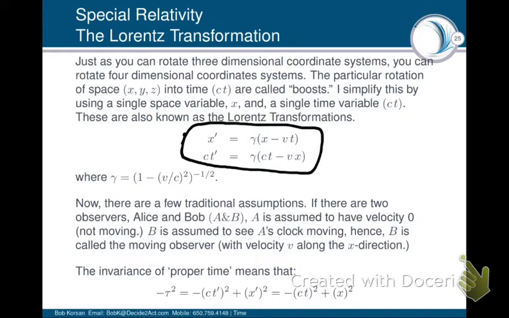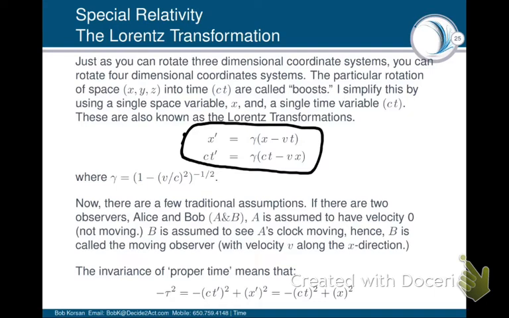Again, we're using the conversion factor speed of light to measure time in meters. And so the t prime is gamma times t minus v times x, where gamma is, as I said before, 1 over the square root of 1 minus beta squared.